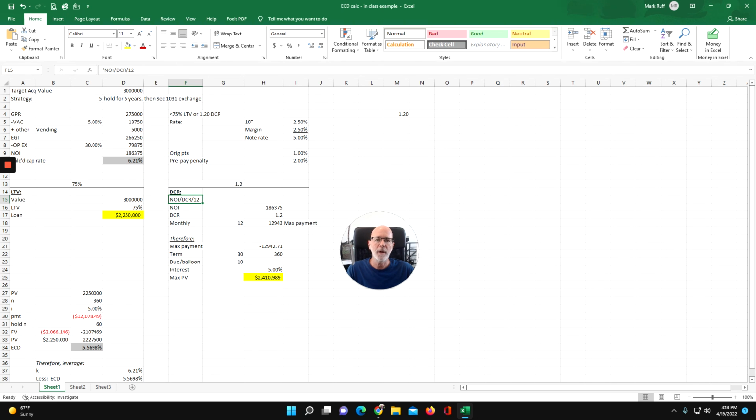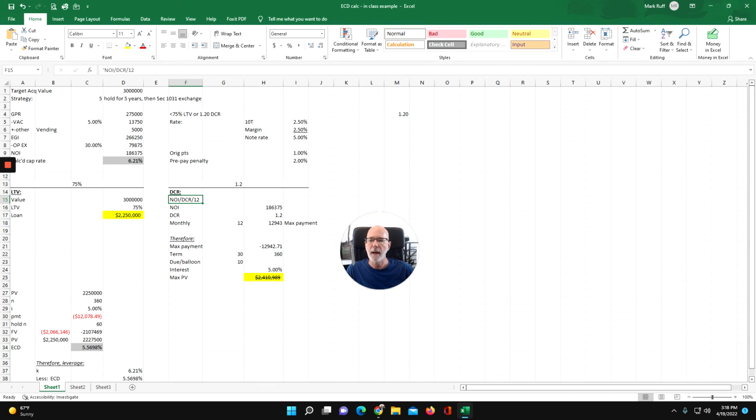NOI right here is one of the inputs that we're going to use in order to get to the coverage constrained loan amount. We take the net operating income divided by the debt coverage ratio divided by 12. You will see this handwritten in the hand-coded calculations in this module. All right? I also did a video on those hand calculations.